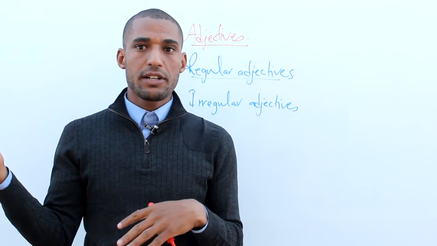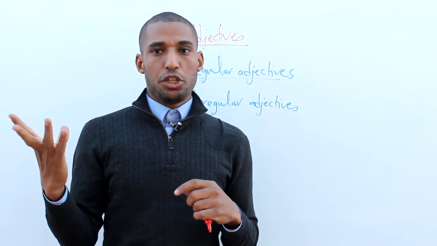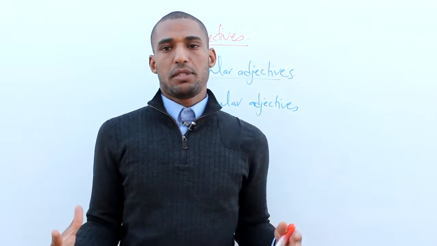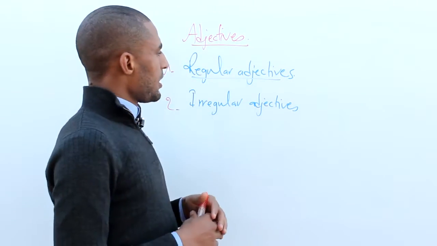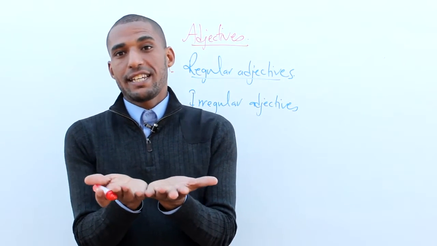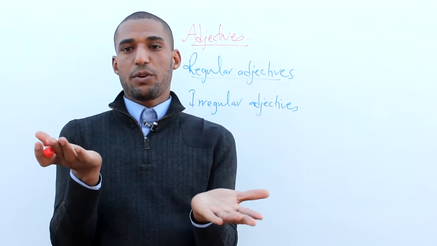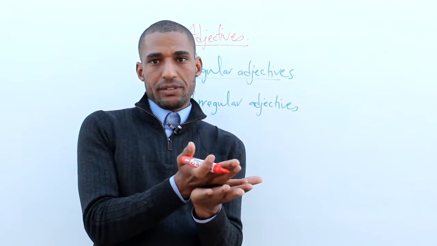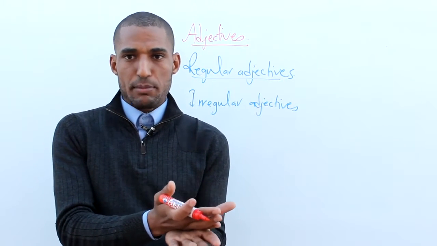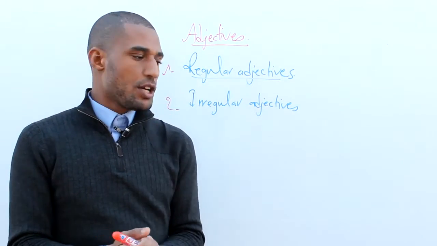It's the highest one in degree on the basis of a particular description, a particular adjective. And again, how to express equality, how to say that two things or two people are equal as far as a certain adjective or a certain description is concerned. It may be size, it may be shape, it may be just an opinion or whatsoever.